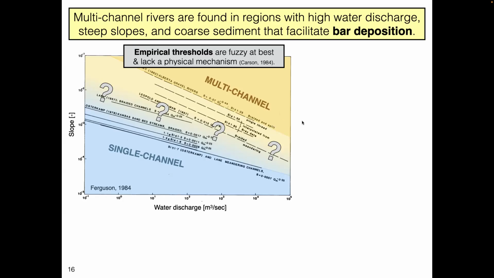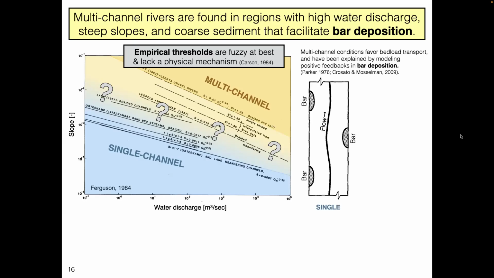Later work has improved our understanding by noticing that these conditions for multi-channel rivers tend to favor bedload transport, and can be partially explained by modeling positive feedbacks in bar deposition.